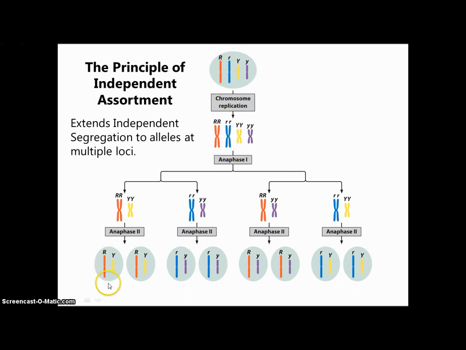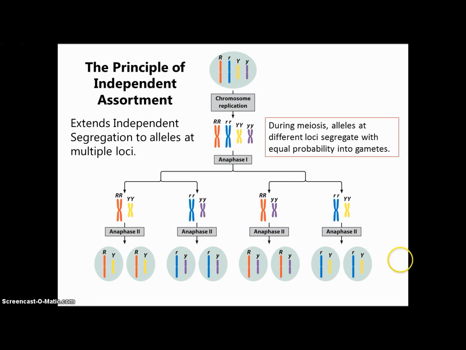In the heterozygote, we're just as likely to get a big R, big Y in a single cell as a little r, little y, as a big R, little y, and a little r, big Y. Okay, so all of these are equally probable. It's just extending the principle of segregation to multiple loci. In the context of meiosis, this means that alleles at different loci are segregating with equal probability into gametes.